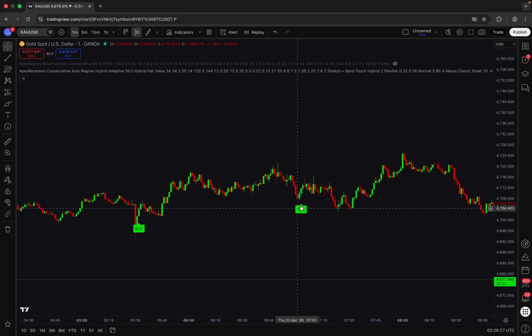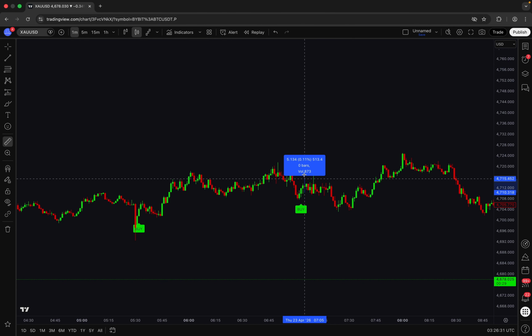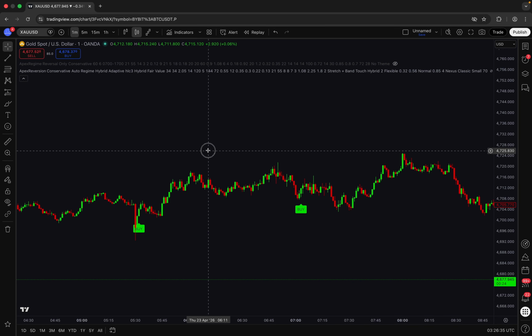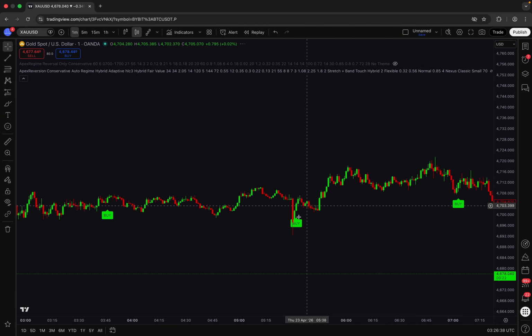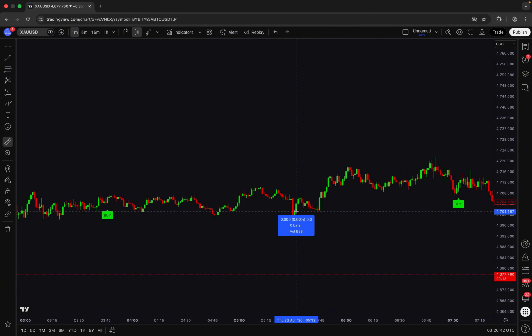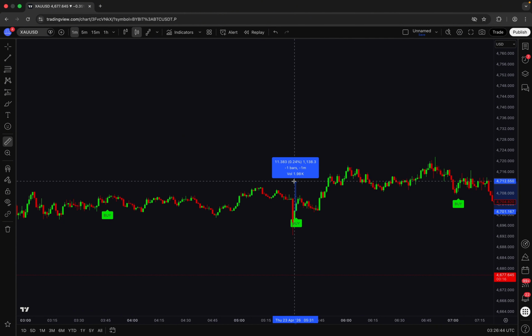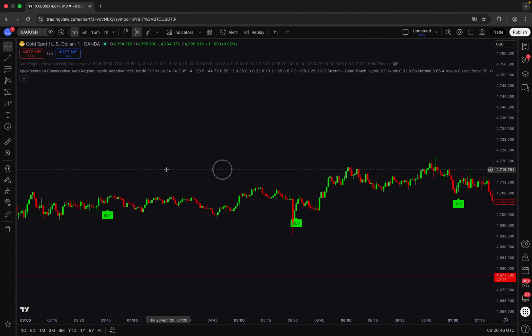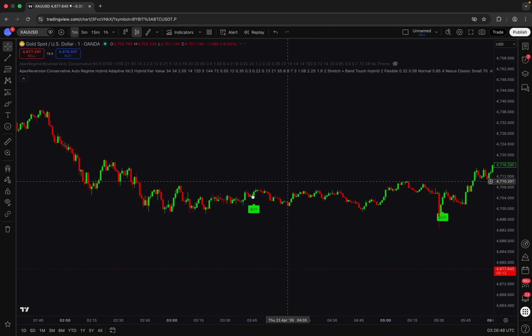So as you can see, it gave a buy signal here, after which the price pumped, I think, about 0.13%, which is decent for gold. And then here it gave a buy signal at this candle, so it was decent, 0.2%. And again here it gave a buy signal, again decent.